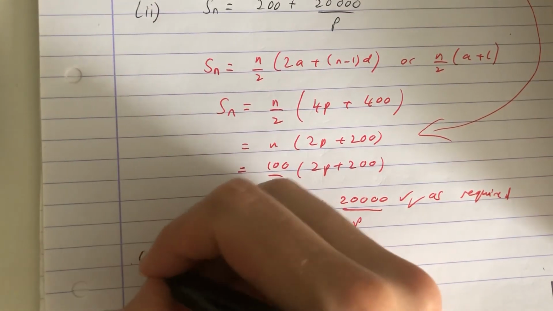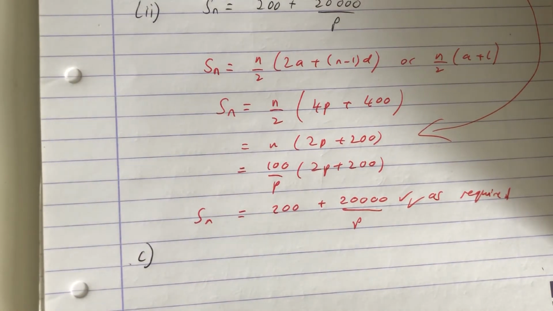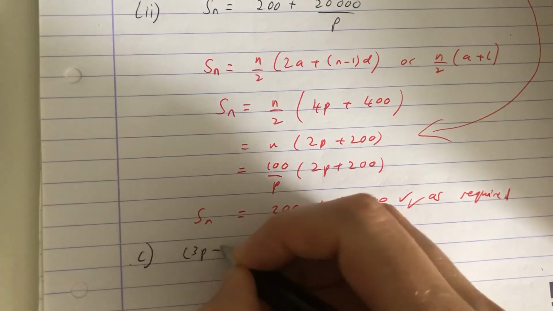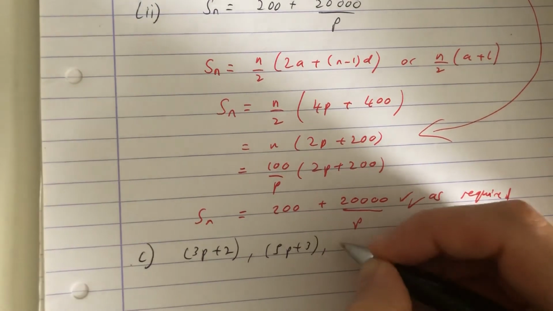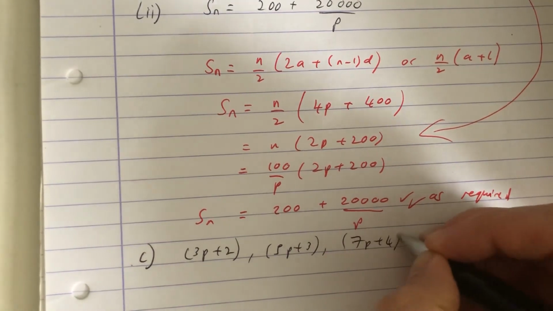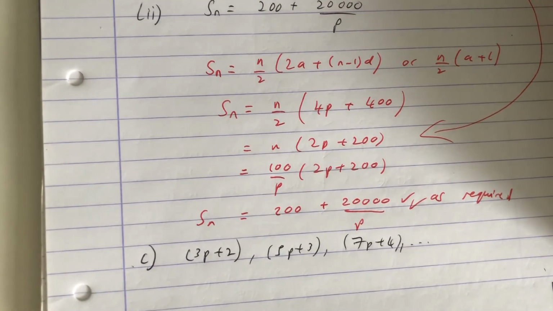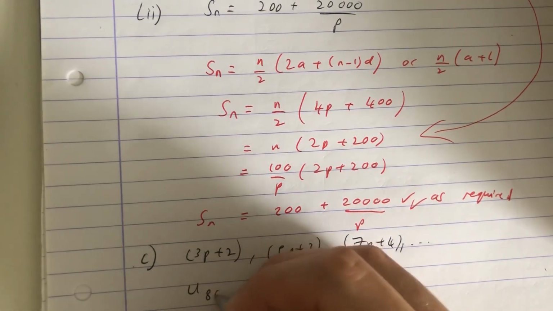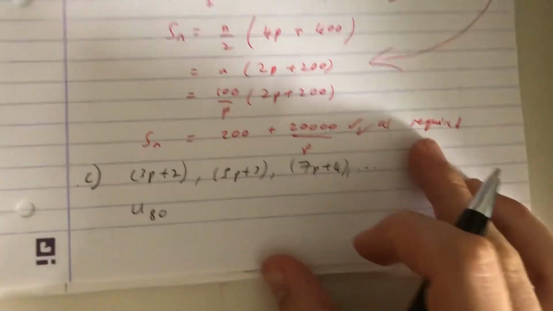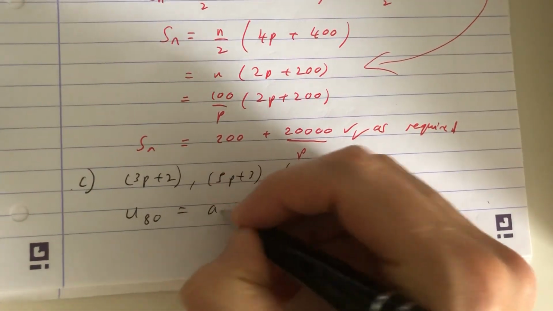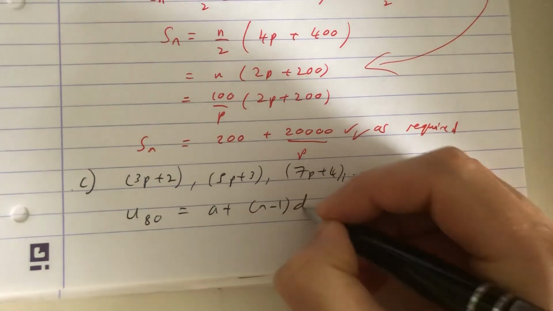Part C is a different series, or different sequence actually. 3p plus 2, 5p plus 3, 7p plus 4, and it's asking for the 80th term, so it's asking for U80, which again, always quote the formula, a plus n minus 1 d.